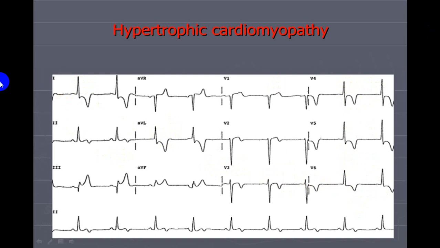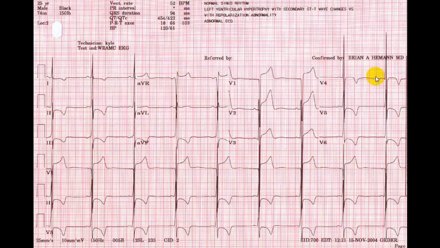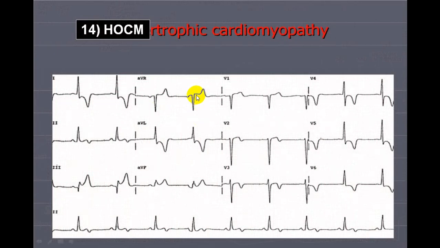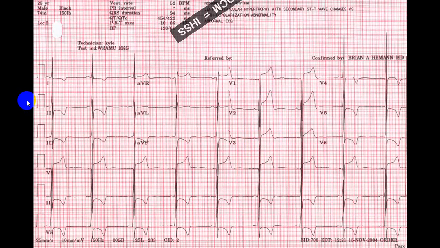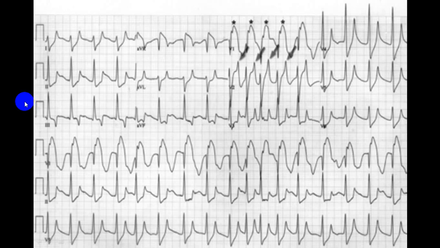That is hypertrophic obstructive cardiomyopathy. Now in this HOCM, you can see ST segment elevation. I'll show you a previous one also. That is suggestive of hypertrophic cardiomyopathy. You can see this.